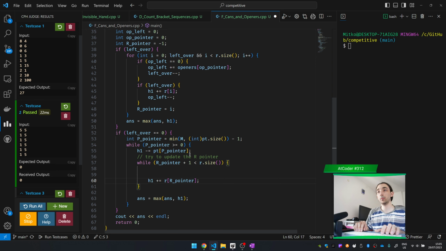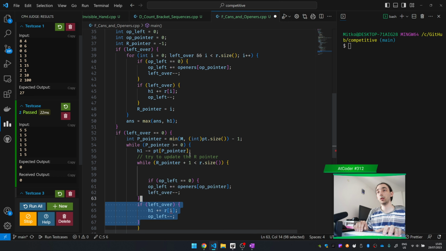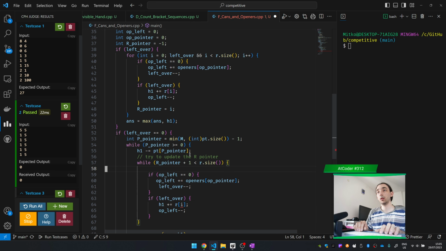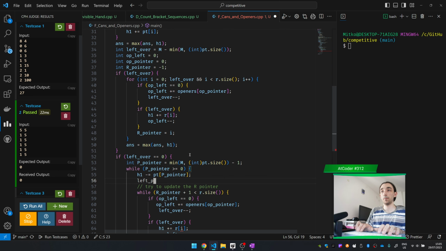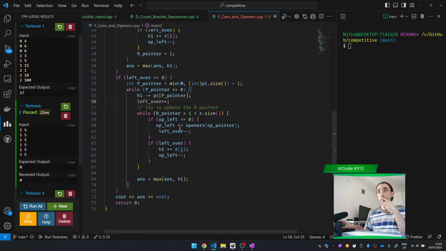So leftover is plus plus, and then try to update the R pointer, right? So we say, okay, we can do this.